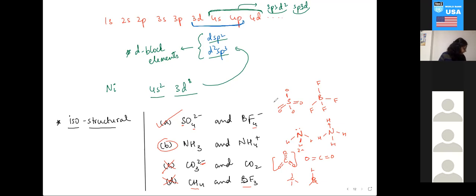Few more. Have you guys solved the MCQs from this chapter after the previous class? Ma'am, on the group, there are MCQs for periodic classification, I don't think there was anything for chemical bonding.